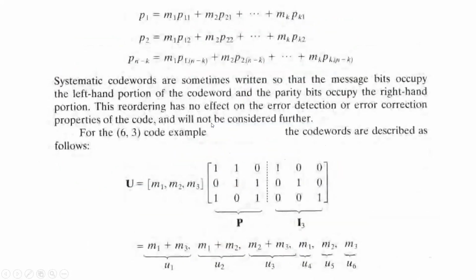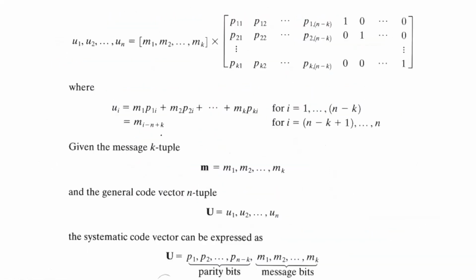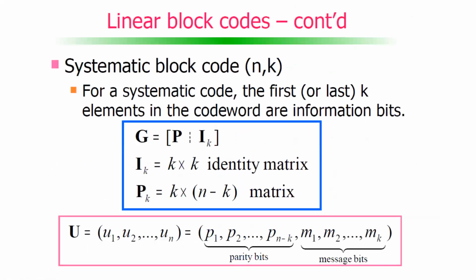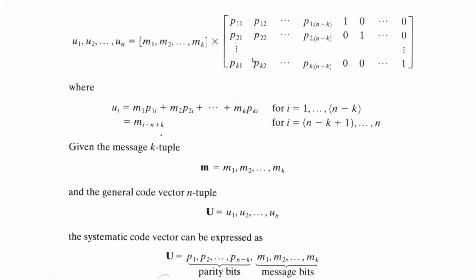What we have done here is that this is the generating set, and the parity portion is actually the identity matrix. Let me show you once again. I have to write H as this: I_(n-k) and P transpose. The parity portion of the generating matrix has to be written as the transpose.